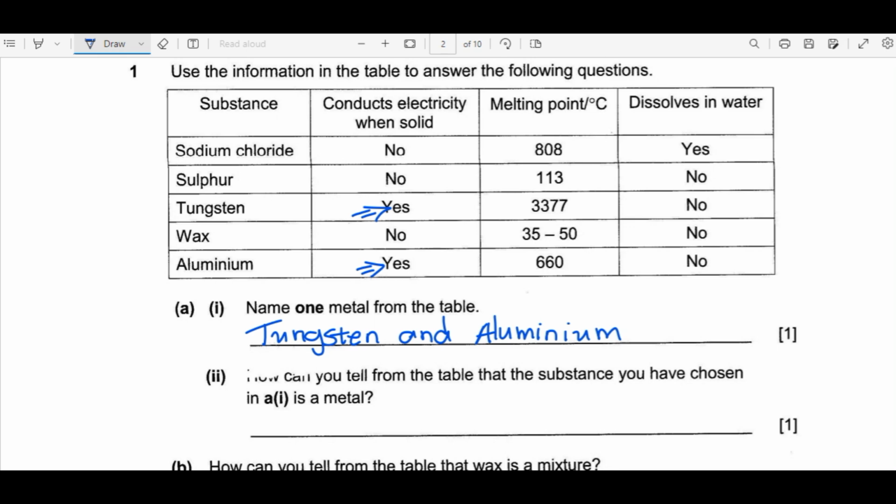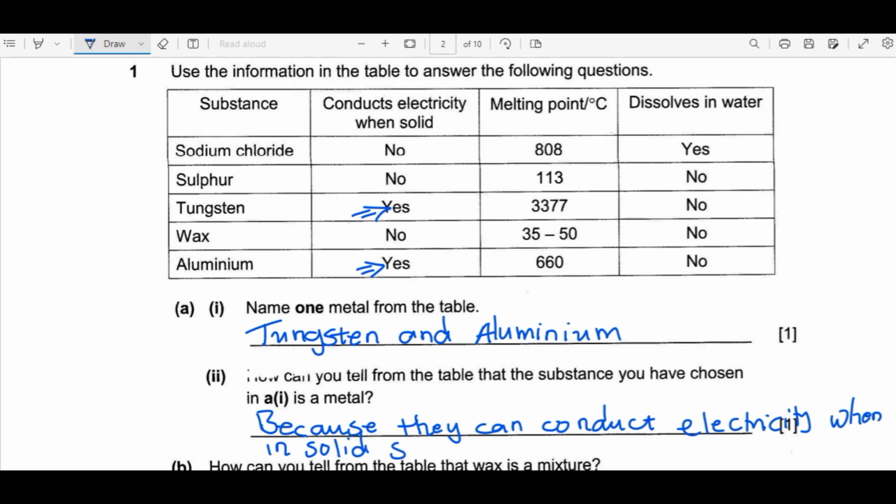So we can say because they can conduct electricity when in solid state. Then the second one, you can also use the melting point. So you can just say because they have a high melting point.